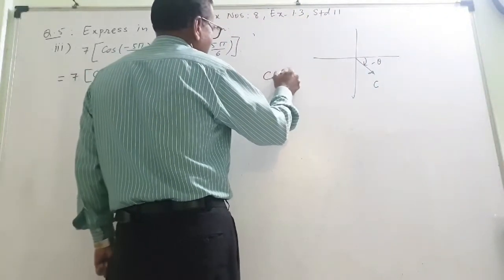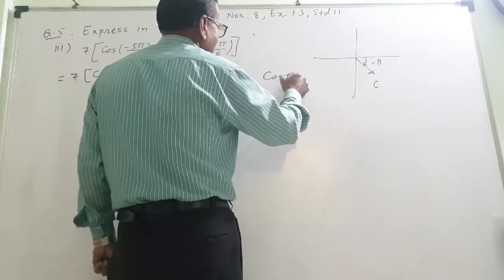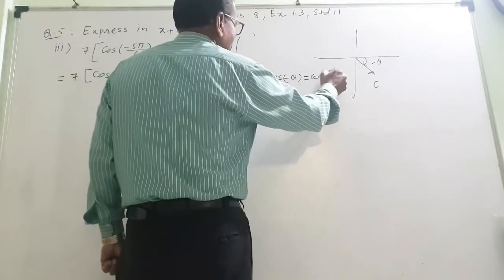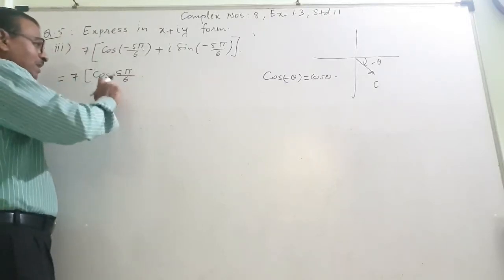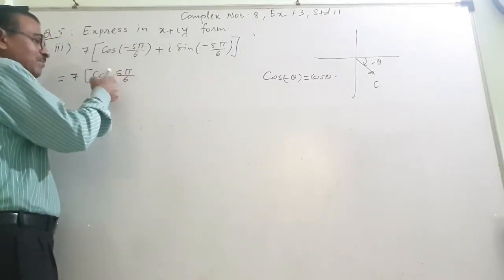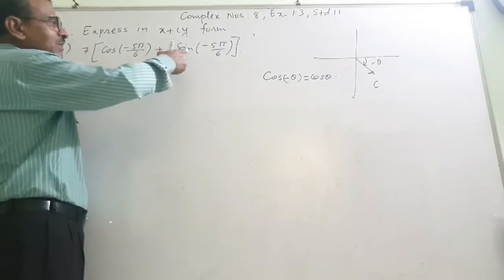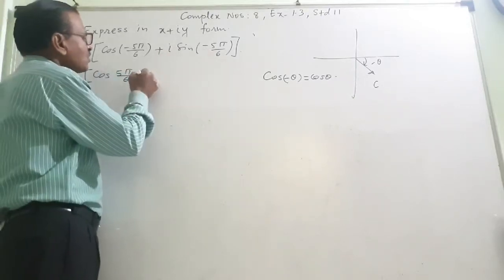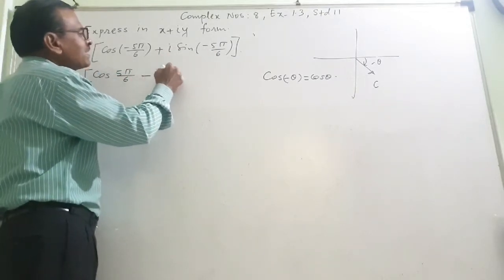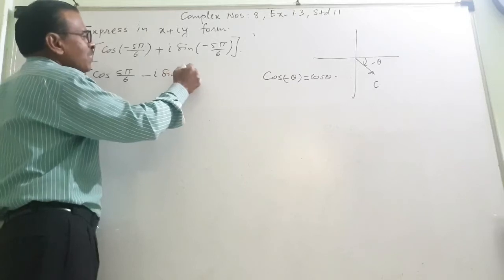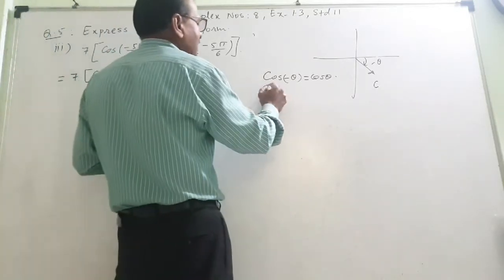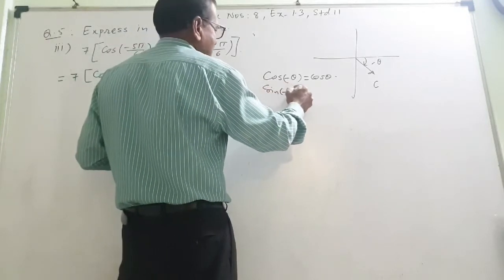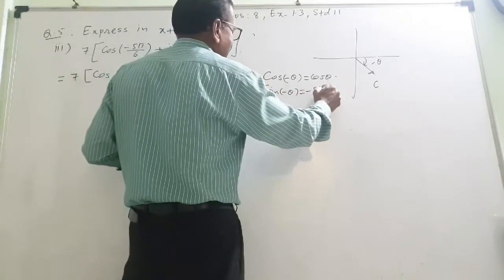I will give the reason here. Cos of minus theta is equal to cos theta. In the fourth quadrant, cos is positive. By solving this, what angle it is coming, I am not interested. Now sine of minus theta, so minus i sin theta, so 5 pi by 6. Here also I will write sine of minus theta is equal to minus sine theta.